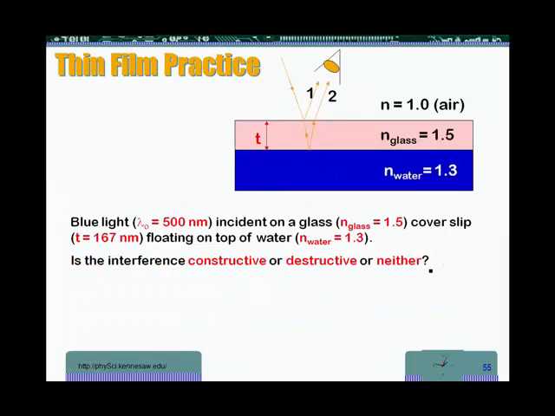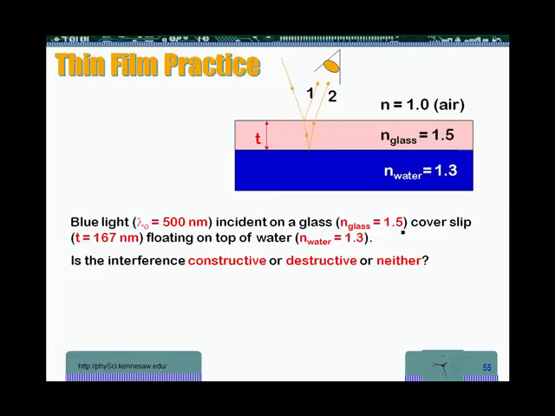Okay, what we have here, I'm not sure how blue is this 500 nanometers. That's not very blue, but let's just take the values that I have in this slide here. What we have, it is incident on a glass cover slip.